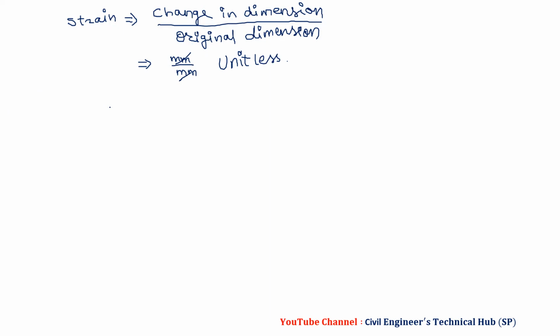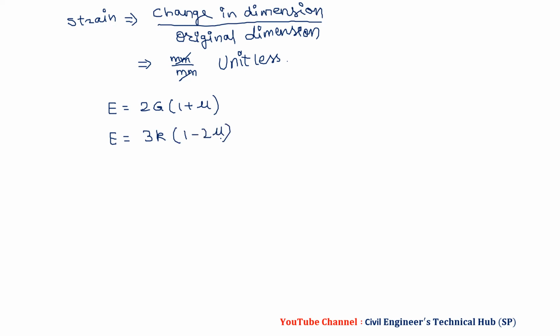What is the relationship between these three? So we have E is equal to 2G in bracket 1 plus mu. Then we have E is equal to 3K in bracket 1 minus 2 mu.